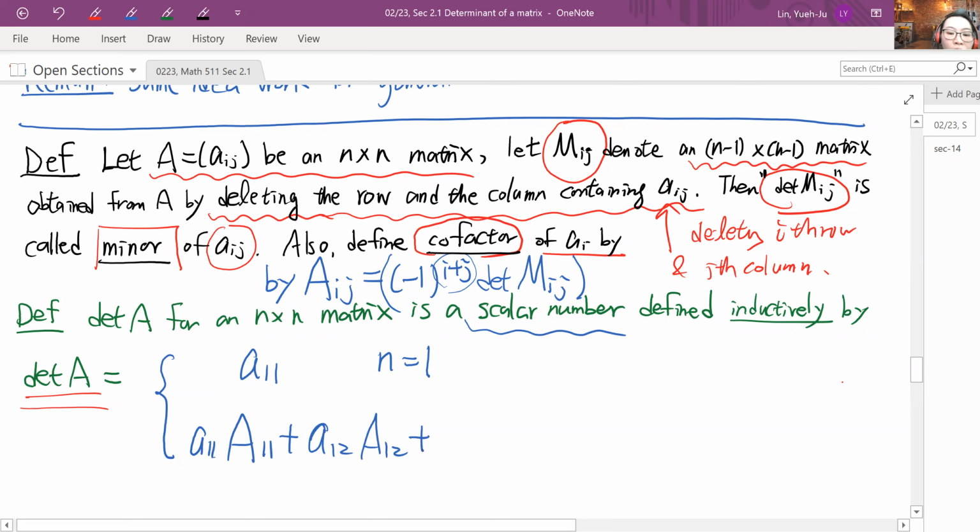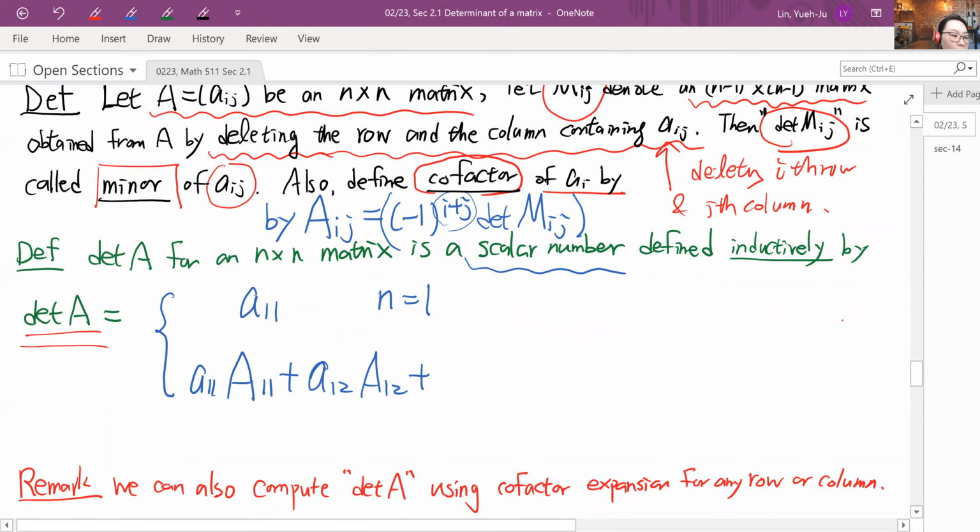So this cofactor Aij is actually already incorporating the alternating sign that we saw. This is a very general formula, which works for any n. That's the most general one.